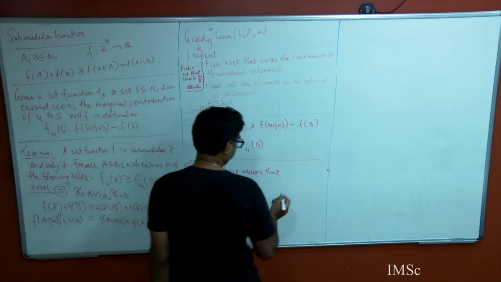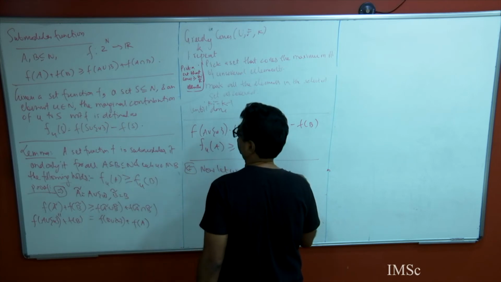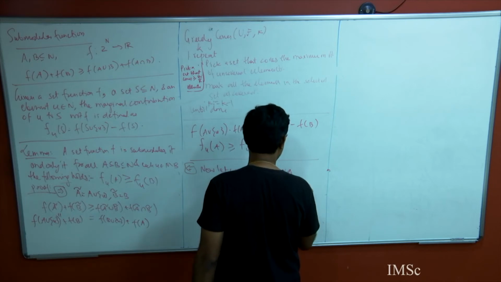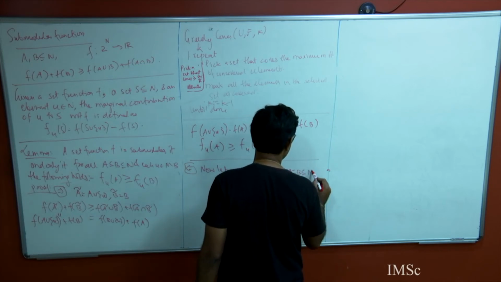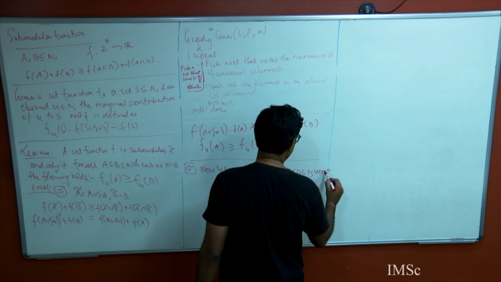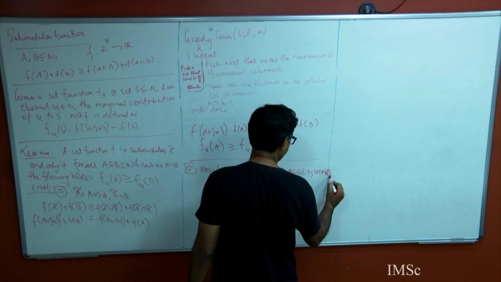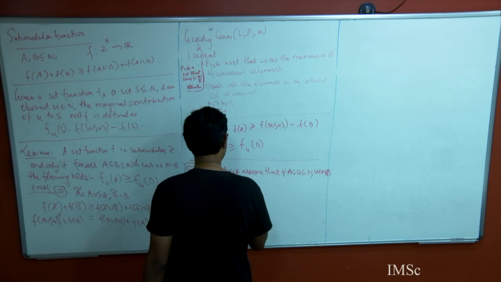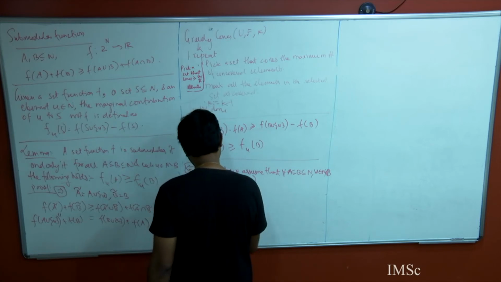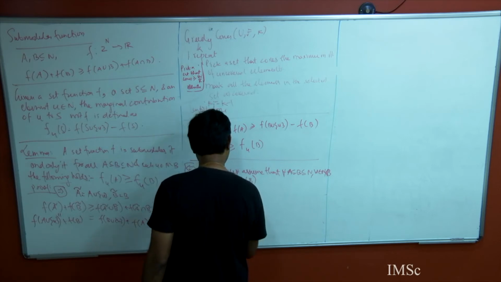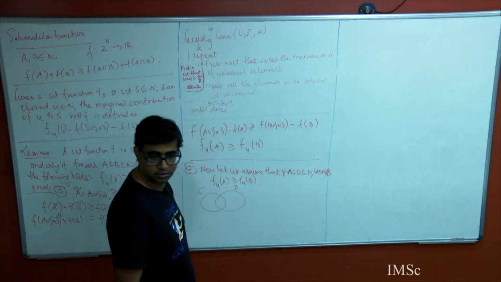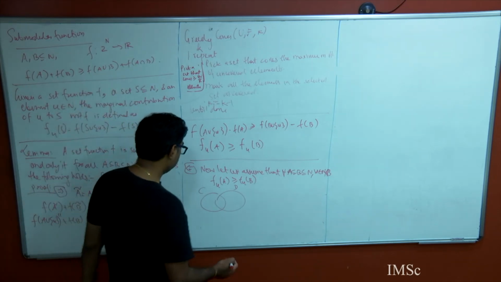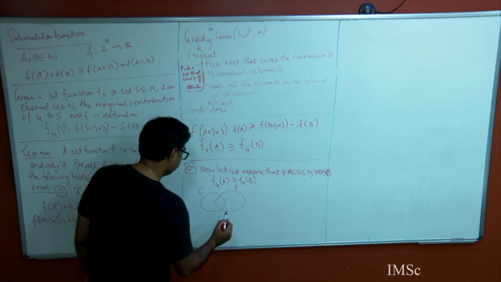Assume that for all A subset of B subset of N, U in N minus B, utility of A is at least utility of B. Now suppose I have a set C and suppose I have a set D, and I would like to show this inequality for them. Good. So now let's write it down.